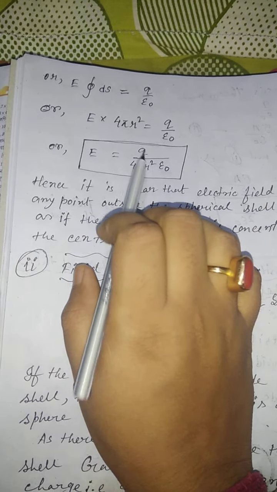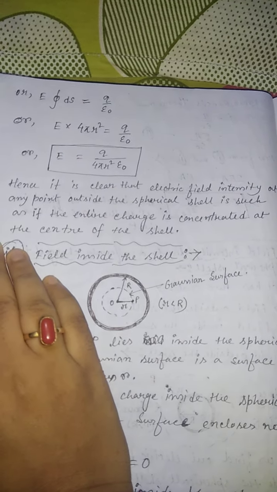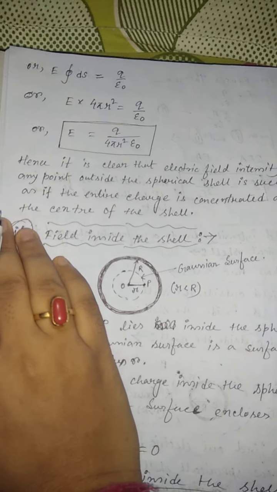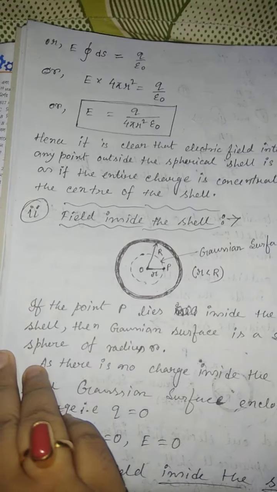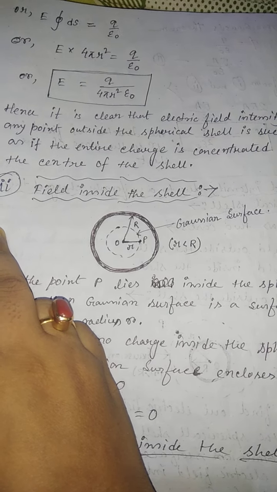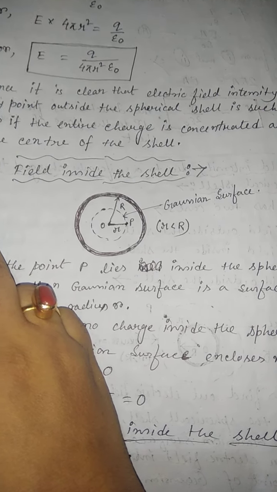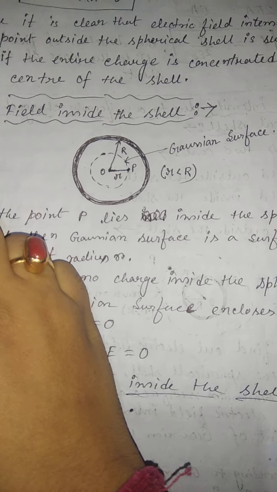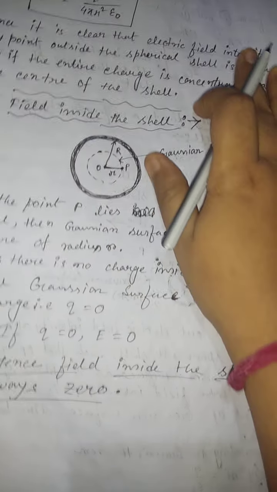So E equals q by 4 pi epsilon naught r square. This is the expression of the electric field intensity at point P outside the charged spherical shell. And it is clear that the electric field intensity at any point outside the spherical shell is such as if the entire charge is concentrated at the center of the shell.